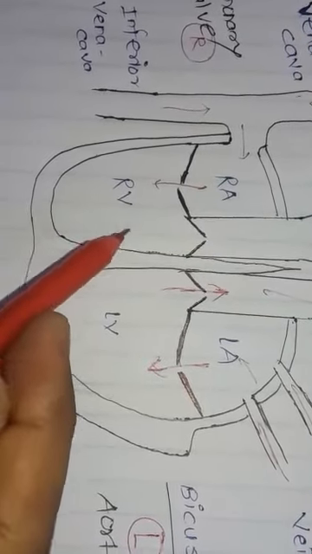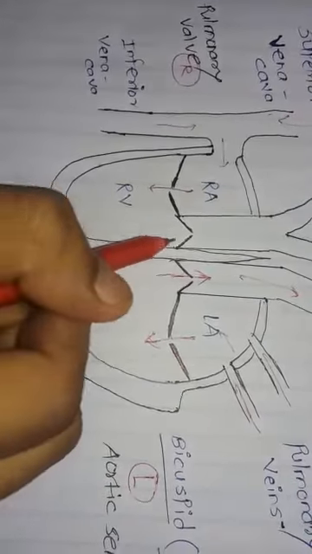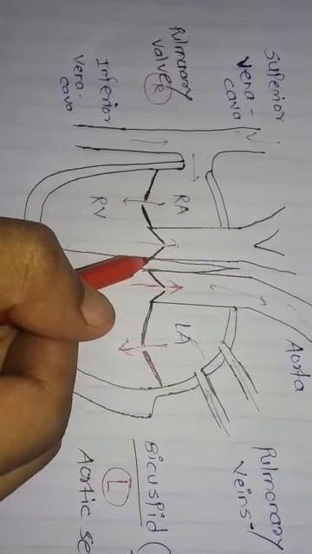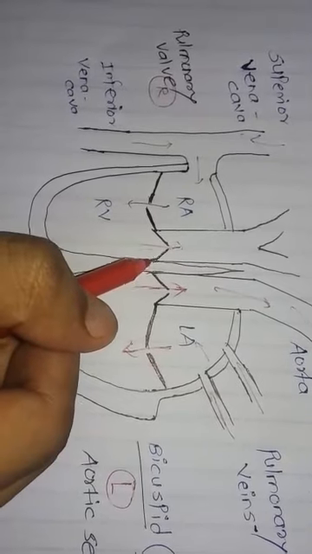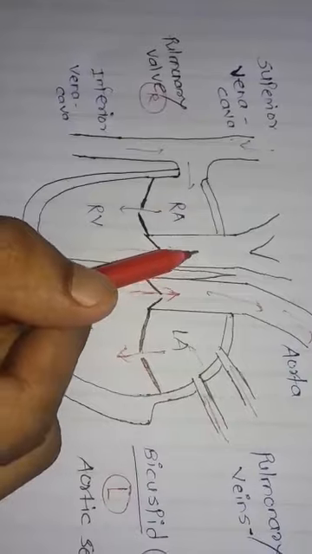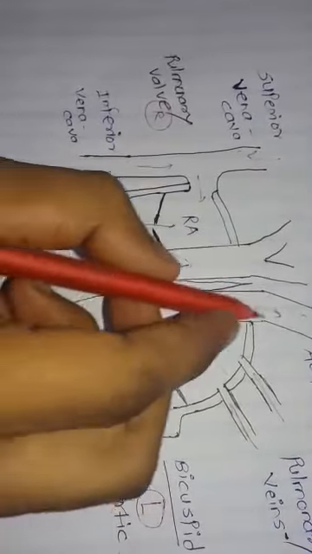From the right ventricle, blood is pumped out, or ejected, through the pulmonary valve into the pulmonary artery. This is the pulmonary artery.